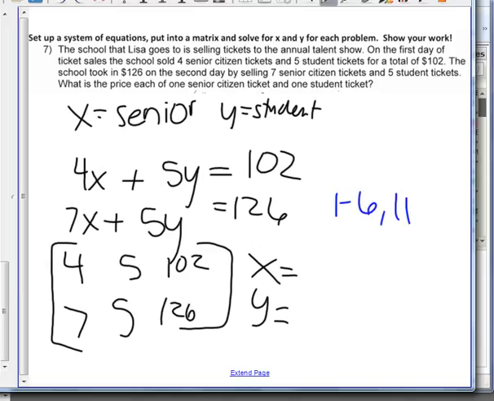So this is number 7, and then I cut out 8, 9, and 10. But I do want you to write this down for number 7. I want you to solve it and try to find those solutions. Number 7 is part of our notes, so I do want you to finish finding X and Y for some more practice. So what's your question? Yep, 1 through 6 and 11 is your homework.